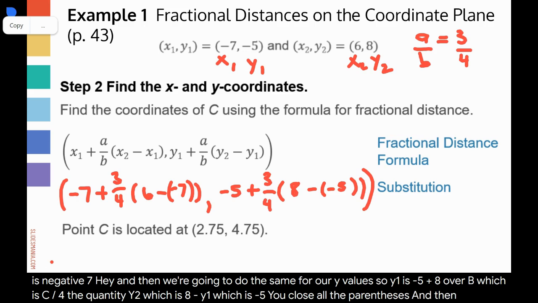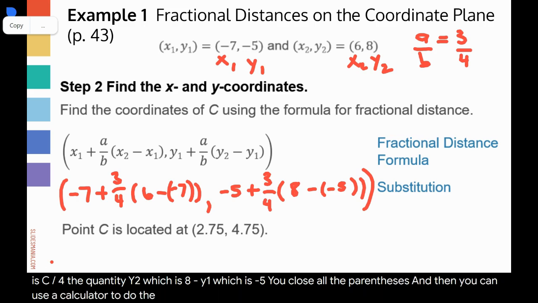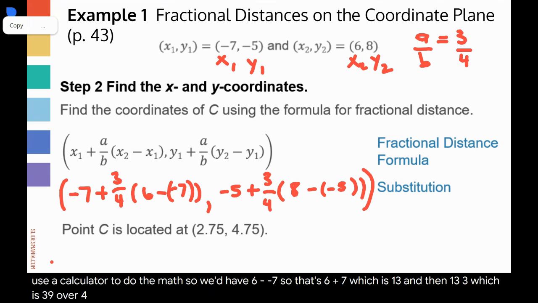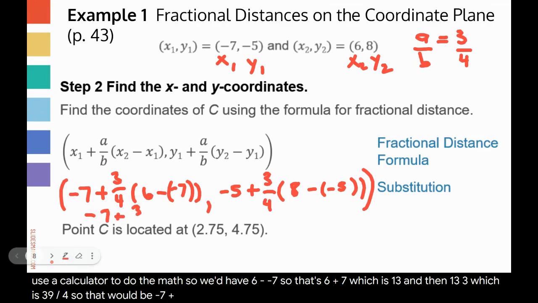And then you can use a calculator to do the math. So we'd have 6 minus -7. So that's 6 plus 7, which is 13. And then 13 times 3 is 39, over 4. So that would be -7 plus 39/4.